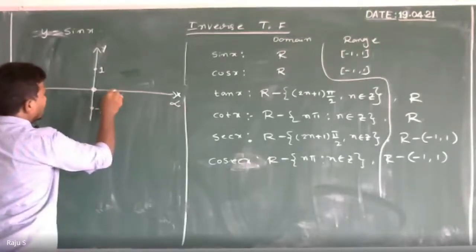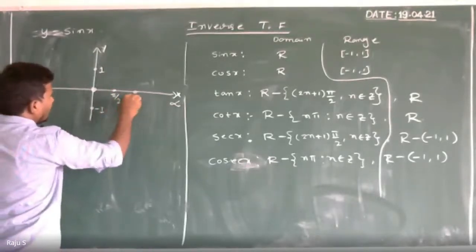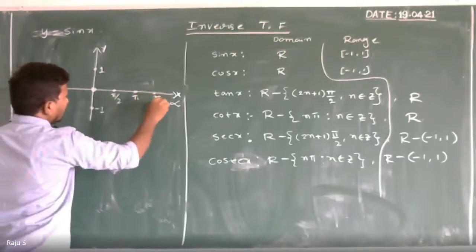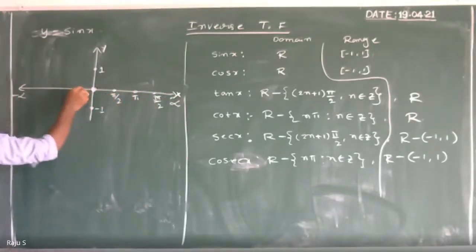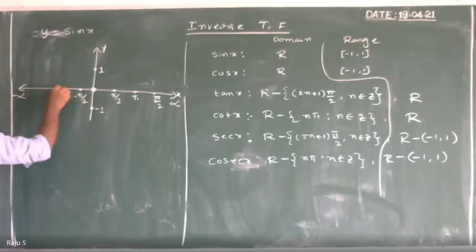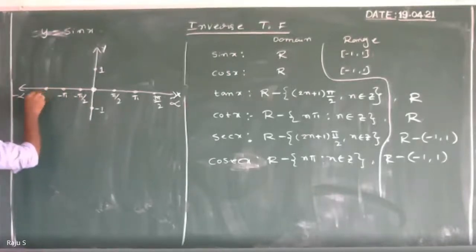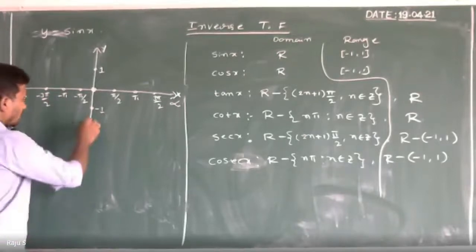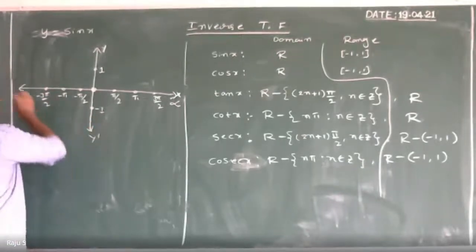Here, try to take just 90, 180 and 270, and so on. Then the left side is the same: minus 90, minus 180, minus 270, and so on up to minus infinity. Here y dash, here x dash.